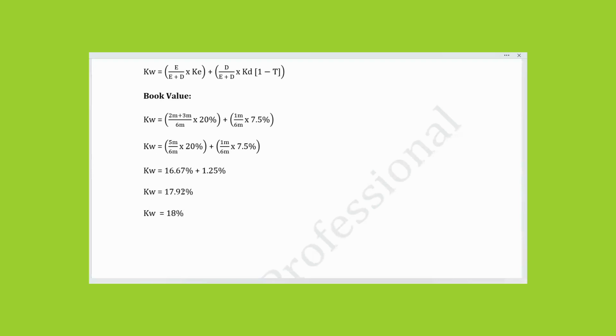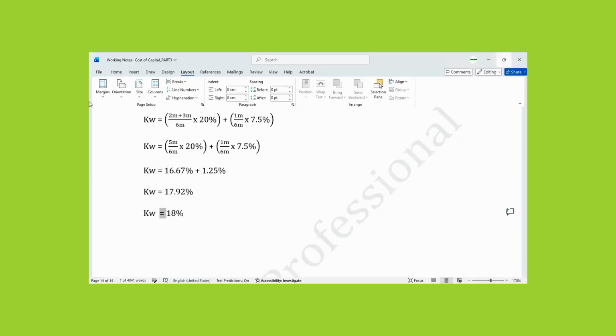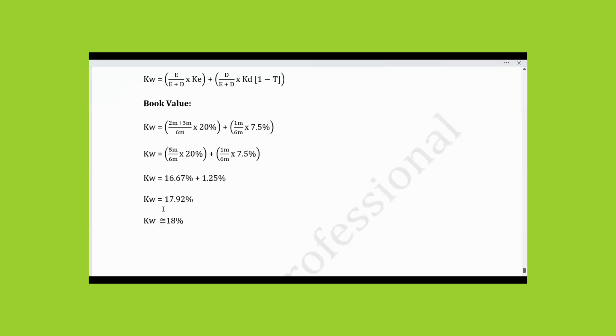So this is how to calculate WACC using the book value method. Let me change this one to approximate. Okay, so that's that. Then the second method, we are to use the market value.